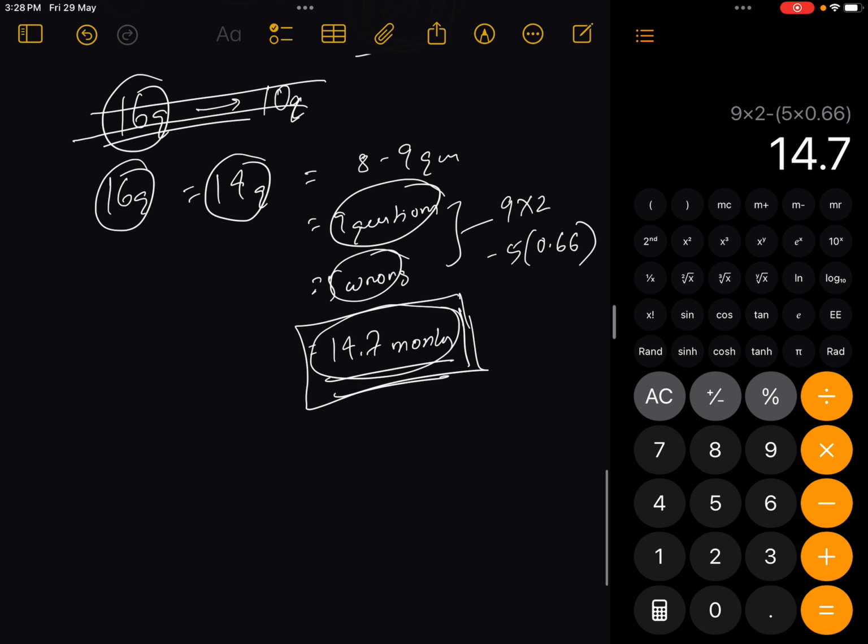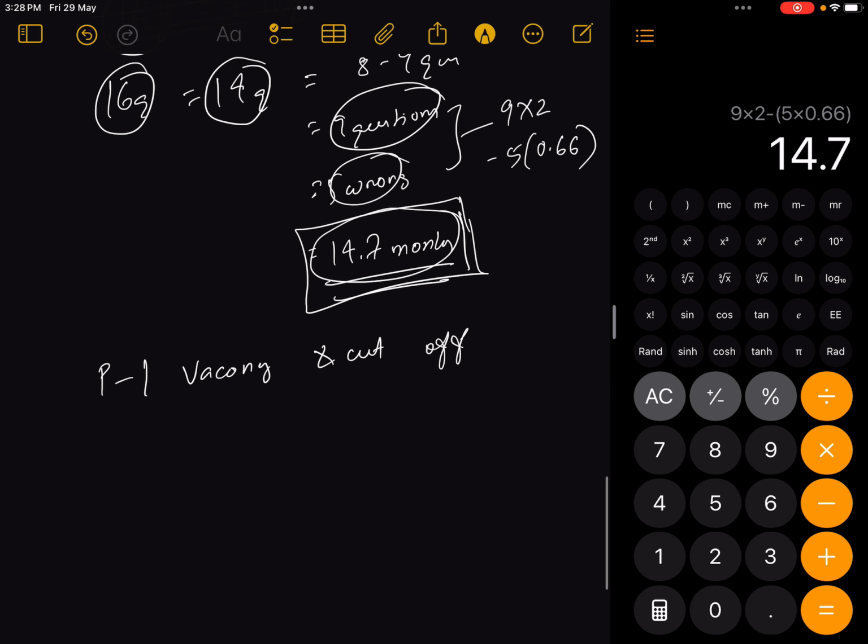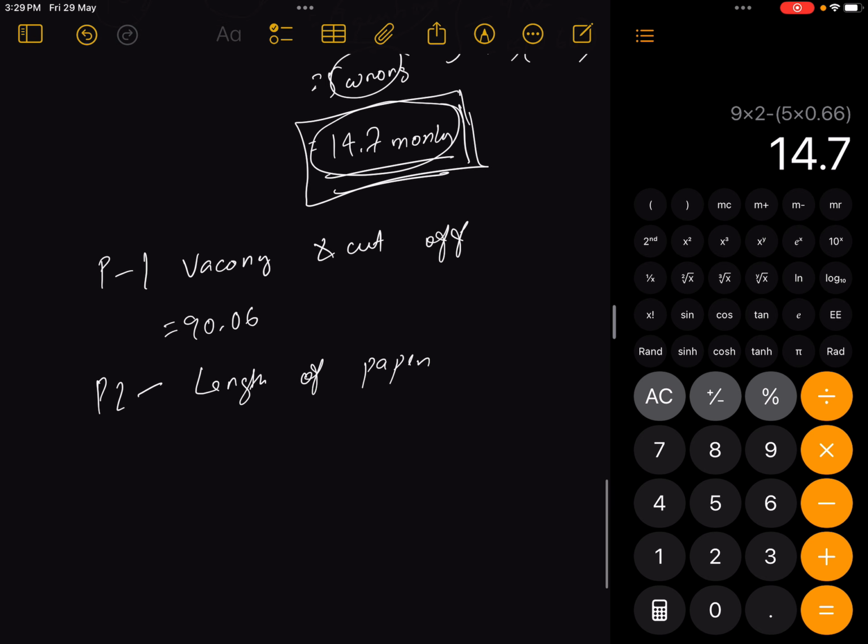That means the cutoff we arrived at from parameter 1, that is vacancy and cutoff, was 90.06. From parameter 2, the length of the paper, the cutoff will get even lower, to 90.06 minus 14.7 marks, 75.3 marks.